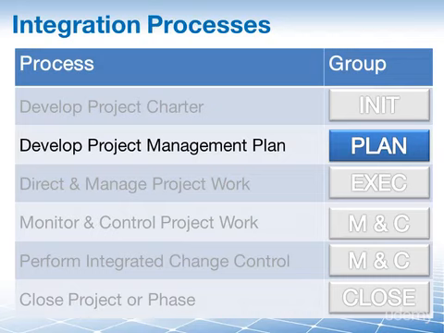In Develop Project Management Plan, we plan how we direct and manage project work. We plan how we will be monitoring and controlling the project work. We plan how we will perform the integrated change control, and we even plan how we will close the project or phase once we get to it.